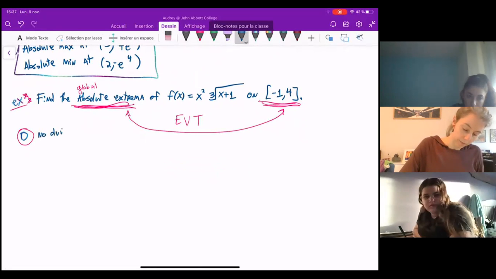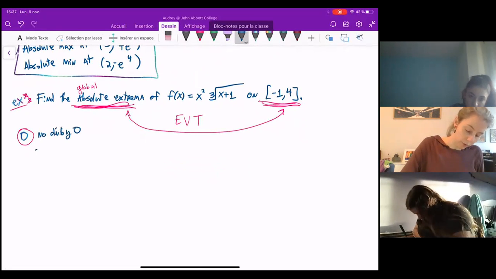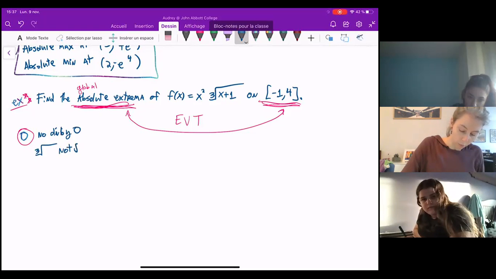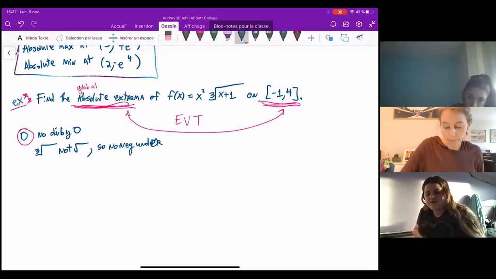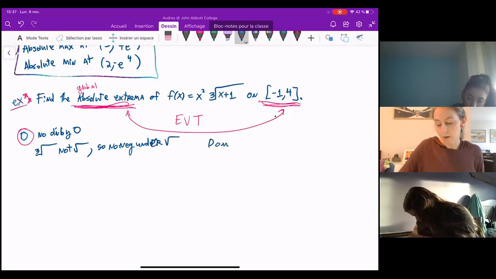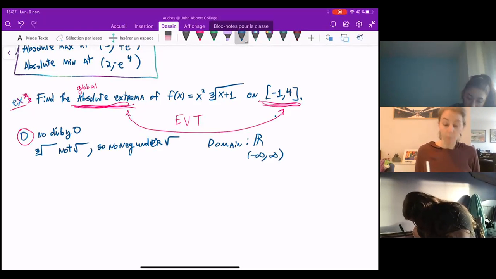And this is a cube root, not a square root, so no negatives under a square root. So my domain here is R, or negative infinity to infinity. We don't have any problems, so we move on to the first step.